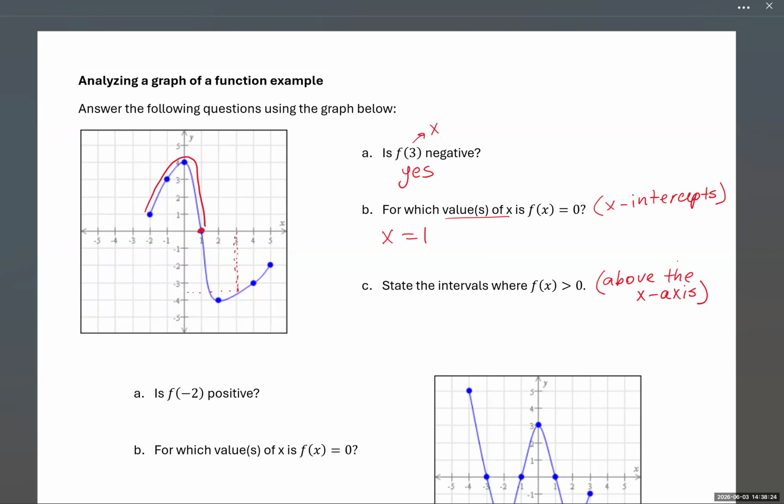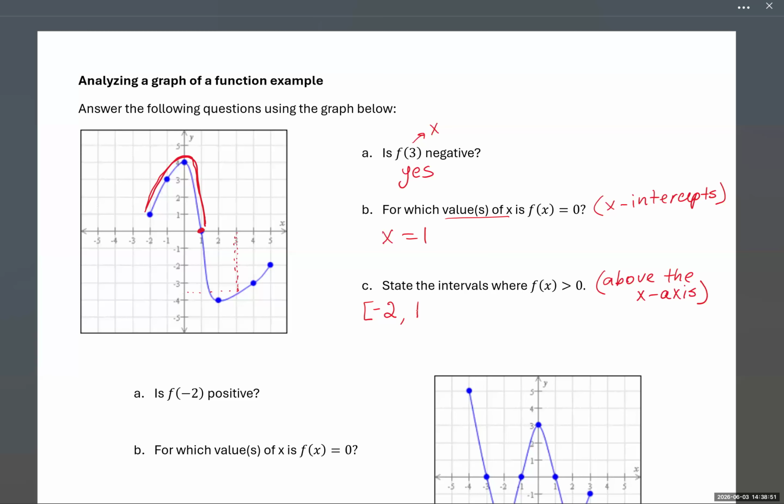This is x values only. So at -2, we have a bracket. Why a bracket? Well, because at x equals -2, the function is positive. It's greater than 0. So that is a bracket. -2 is included here. Then the interval just keeps going, and it's going to stop at 1.